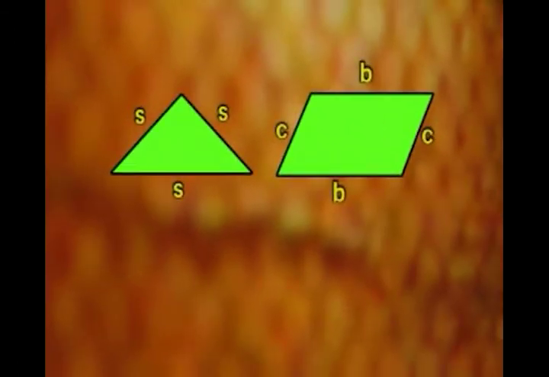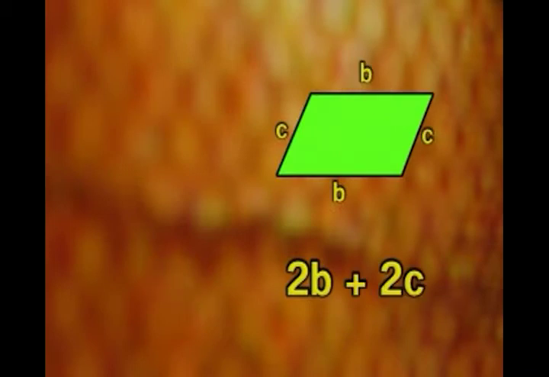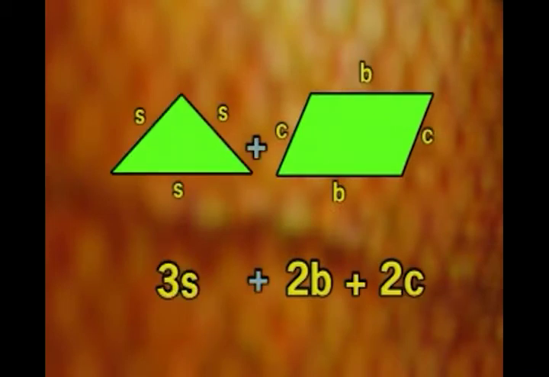Let's see if this works with geometry. If the two shapes are bounded by wire, what expression will give the total length of the wire needed? 3s. 2b plus 2c. 3s plus 2b plus 2c.